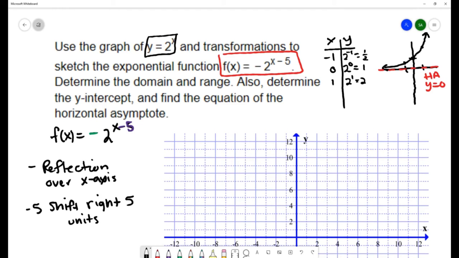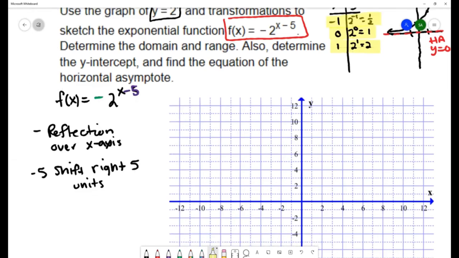But one of the things that we want to know is what happens to these ordered pairs that we got up here. How are those moved? So we'll take them one at a time. Let's start with a nice one that doesn't have fractions. So let's start with (1, 2). So the reflection over the x-axis is a vertical reflection, meaning that it's going to affect the y.